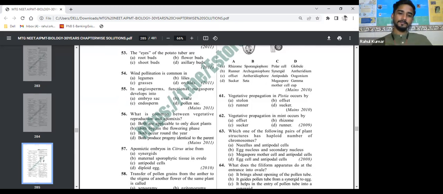Quickly write the answer in the chat. Nida, if you are able to hear me, tell me what will be the right answer option for question number 56.